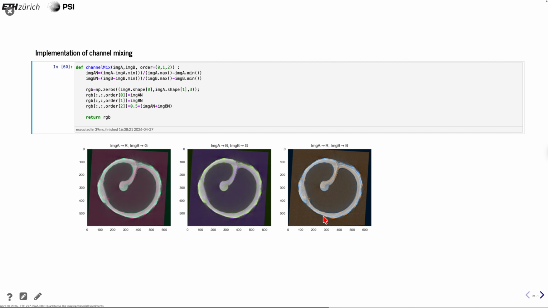So it's up to what you want to show, but be aware that you have to be sure that you have a good normalization of the data. Actually, what I'm doing here is I'm doing a min-max normalization. Maybe you have to do some clipping in order to get it right.